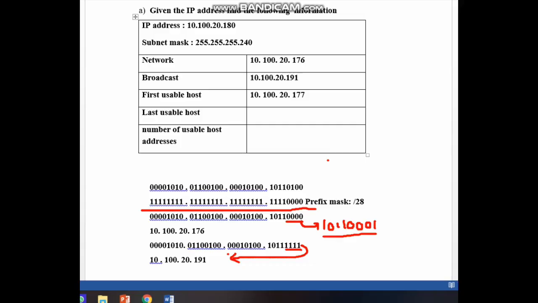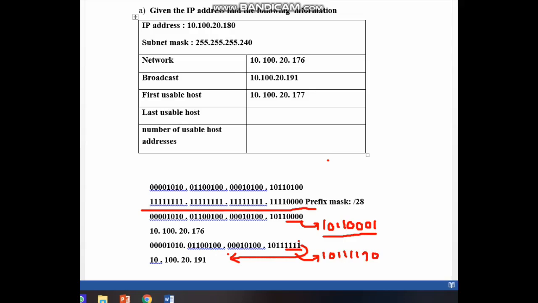So my last usable host is going to be the host that's immediately before my broadcast address. And if we look into our broadcast address, the address that's going to be immediately before it is just going to have a 0 in this very last bit. So it's just going to be 10111110, right?